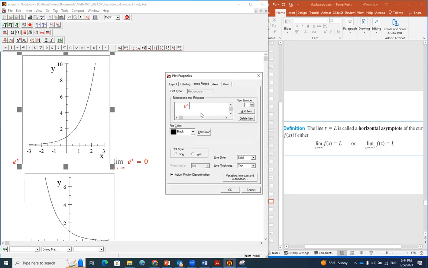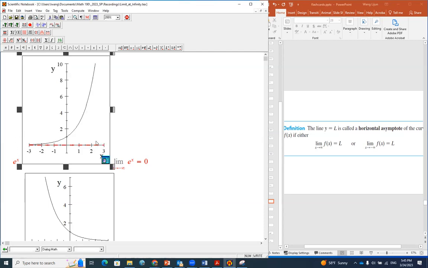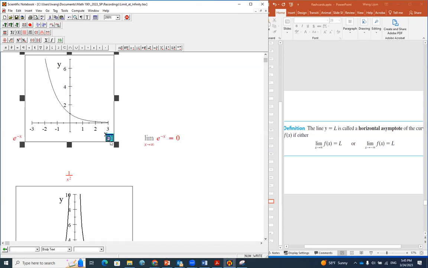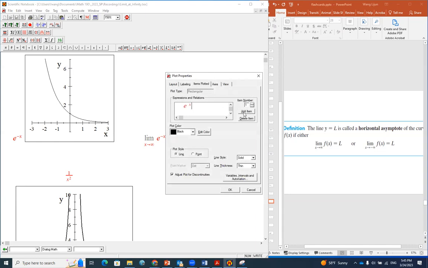A horizontal asymptote is a line that the curve will never touch, but it gets infinitely close to it. So this is a horizontal asymptote, and this other one has a horizontal asymptote as well. And so that's the definition of horizontal asymptote.